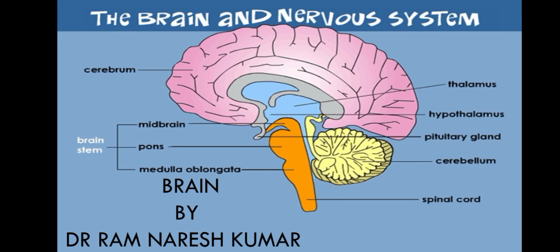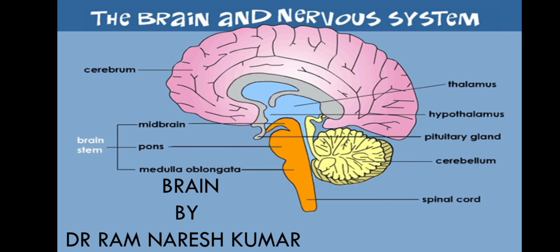In the diagram, we see different parts of the brain. Cerebrum is the largest part of the brain, and inside the cerebrum we see the thalamus and hypothalamus. Midbrain, pons and medulla oblongata form the brain stem.